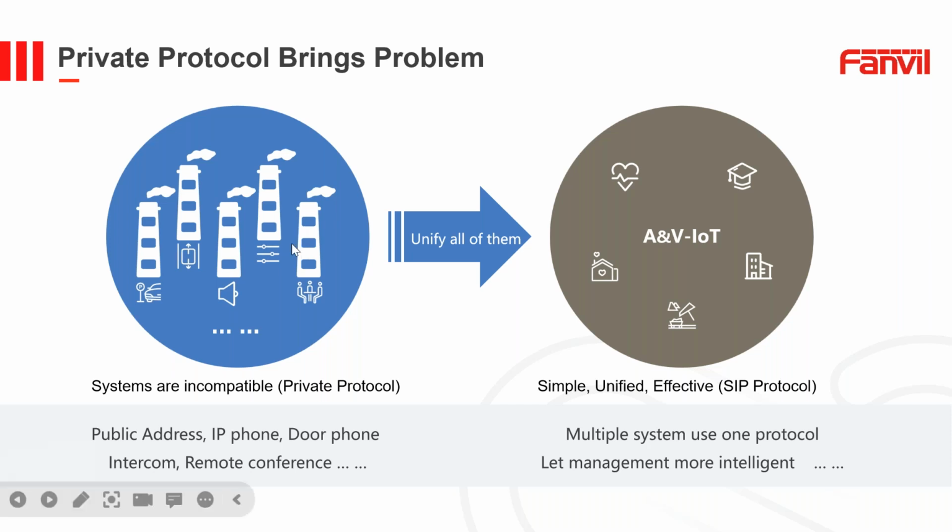So your work will not be easy. You may need to log in to one like the public address platform, and then go to the next one. That is not friendly to management and maintenance. So we hope there is a method to unify different systems and make management and maintenance more intelligent, to make the project simple, unified, and effective.